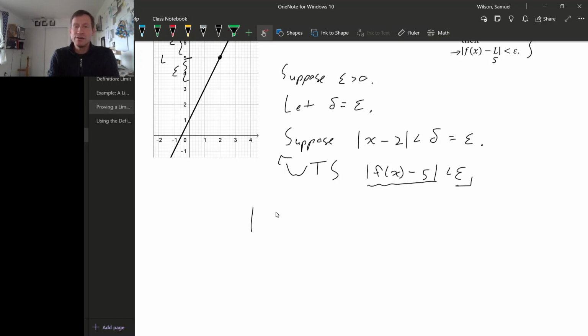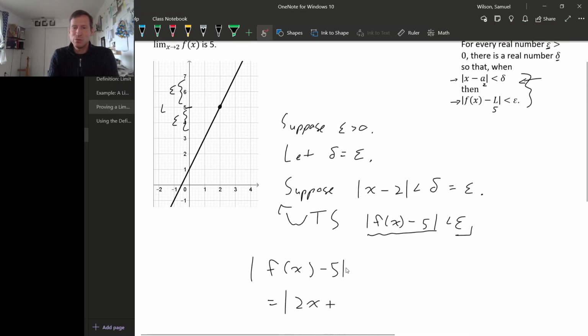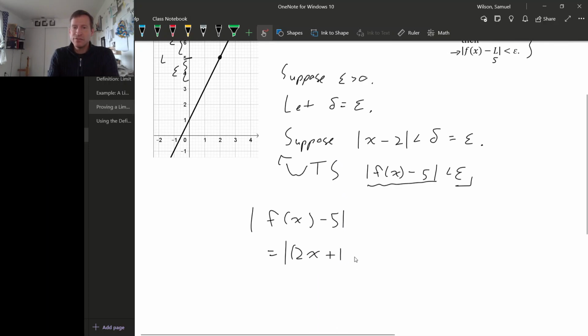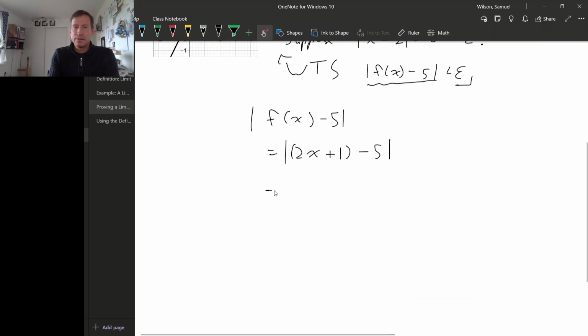The absolute value of f of x minus 5 is, well, we can use the formula for f of x. That's 2x plus 1, minus 5. So the absolute value of 2x minus 4.